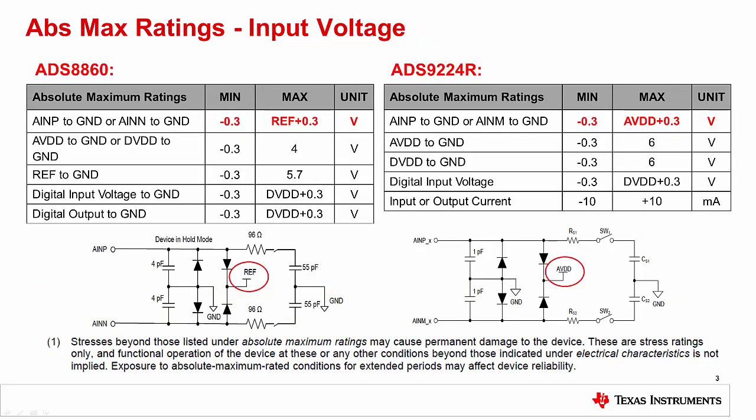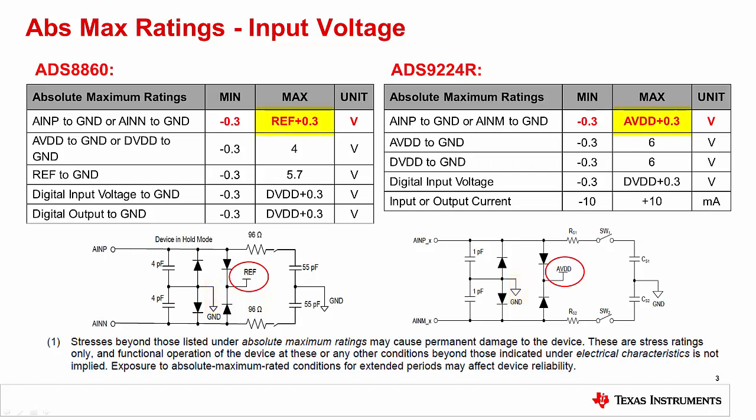This slide shows the absolute maximum ratings for the ADS8860 and ADS9224R. The reason that the input absolute maximum ratings are different is that the ESD diodes are connected to the voltage reference for the ADS8860 and to the analog power supply for the ADS9224R. In both cases, the ESD diodes for negative signals are connected to ground, which is why the minimum ratings are the same.